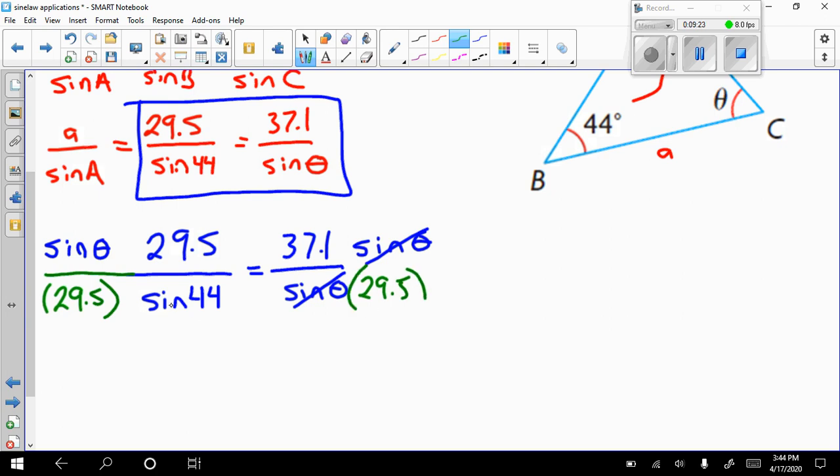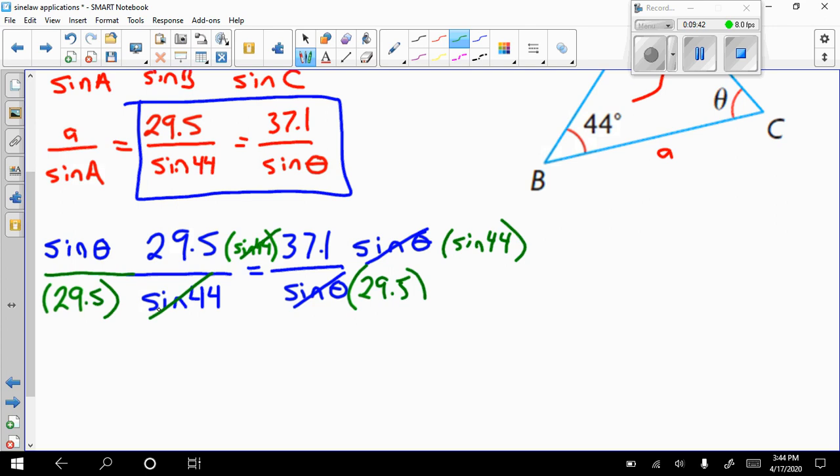And I'm going to multiply by the sine of 44. So look at this. I'm multiplying this side by sine of 44, and I have to multiply this side by sine of 44. Maybe I should have turned that into a decimal, but anyway, it doesn't really matter.